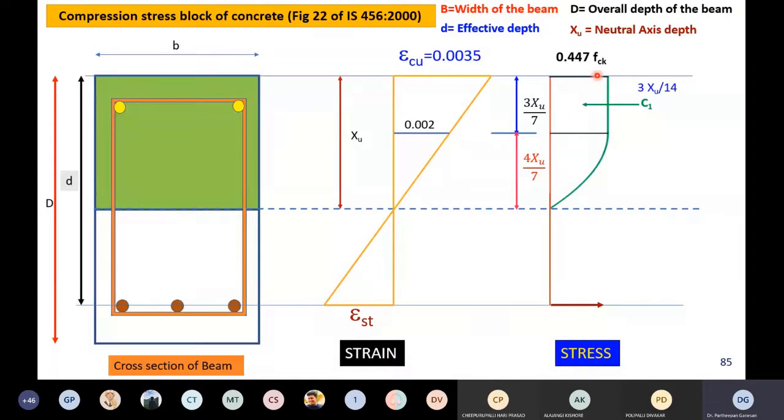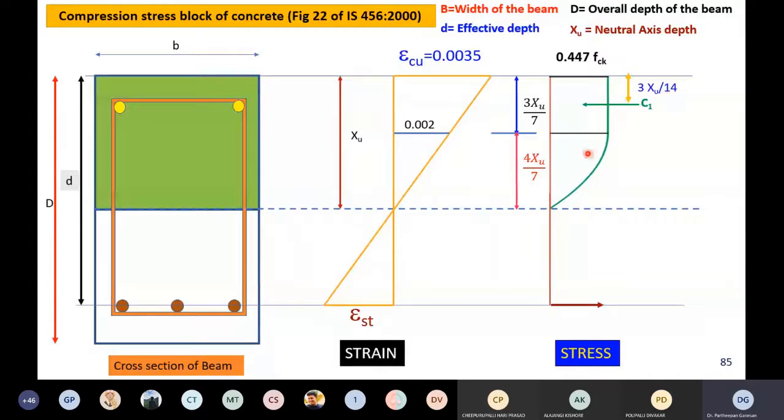One is the rectangular portion in which the stress is acting, which is C1. Where does it act? Whatever force is acting on this rectangular part is C1. Where will the centroid of this force be? That will be half of this height, which is 3/14 XU, since 3/7 XU divided by 2 is 3/14 XU.